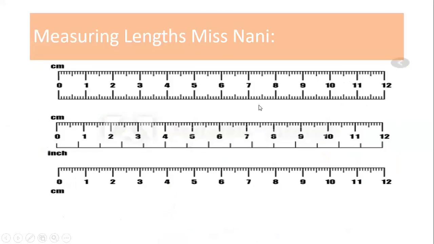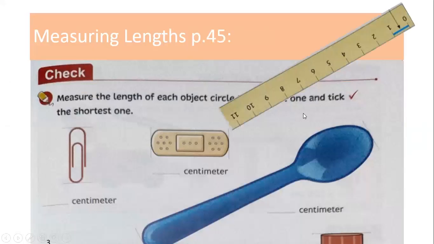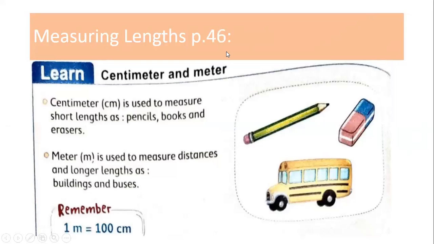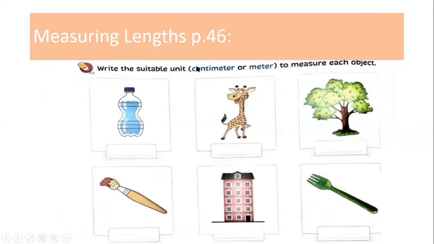Okay, my lovely kids. As I was saying, we went to page 46. Write the suitable unit, centimeter or meter, to measure each object. So, how long is this object? How can I measure it?